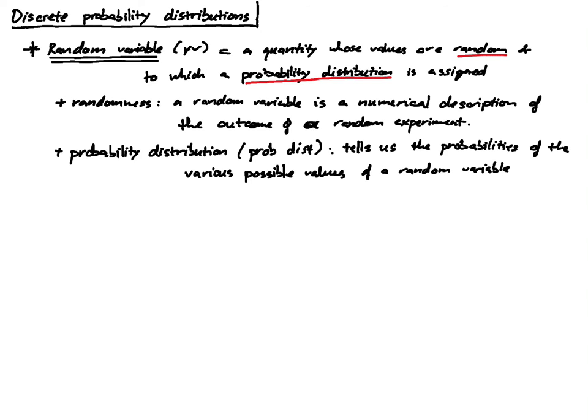Now, we have discussed this in the past, but there are two types of random variables. The two types of random variables are discrete random variables and continuous random variables.